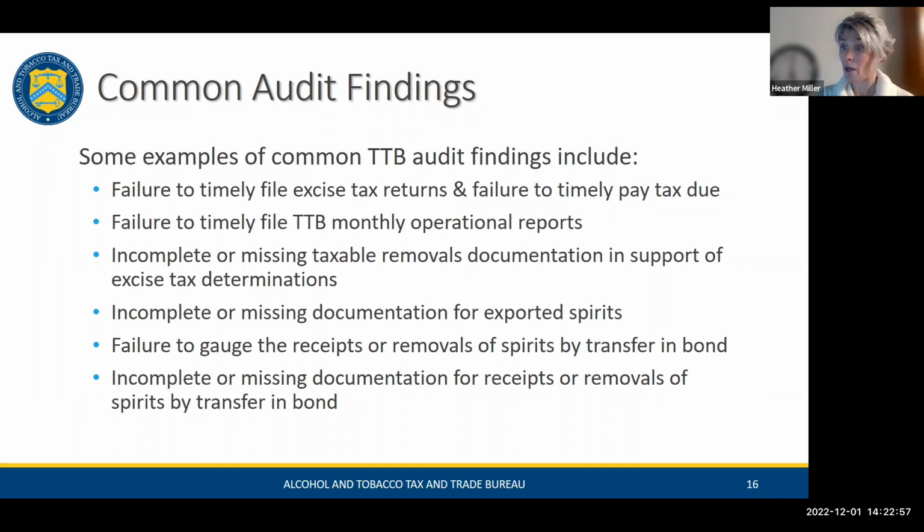So it is important to ensure that there are policies and procedures in place to capture all the necessary information on the transfer record. And then, when spirits are received by transfer in bond, the transfer in bond records need to be updated with the results of the receipt by including 1, the date of the receipt, a notation whether the securing devices on the conveyance were or were not intact on arrival, the gauge of spirits, including proof gallons received, and any losses or gains, a notation of any excess in-transit loss, missing packages, tampering, or theft, the account to which the spirits were deposited, which would be the production, storage, or processing account, and the signature and title of the consignee with the penalty of perjury statement.